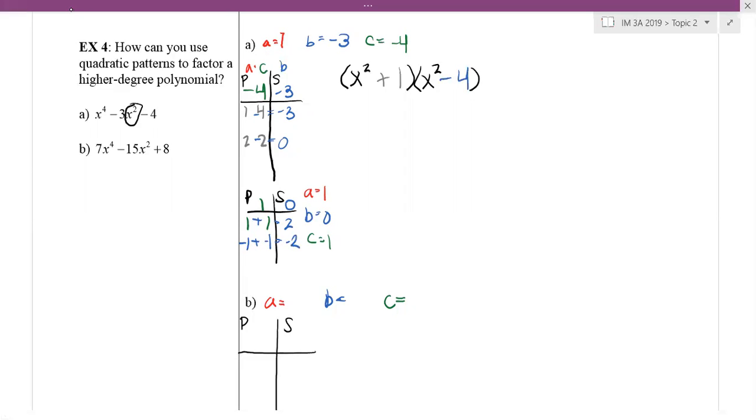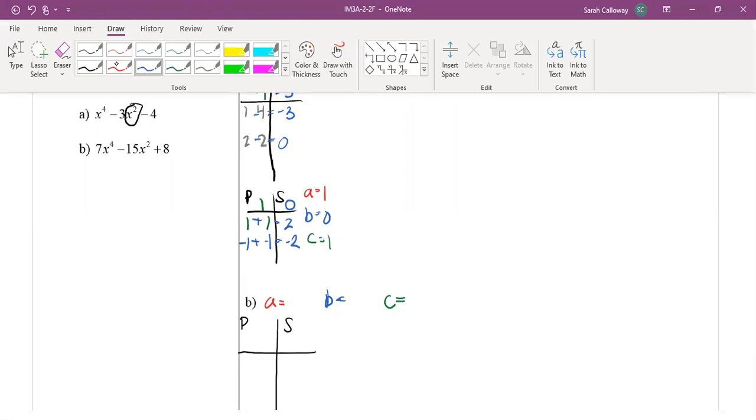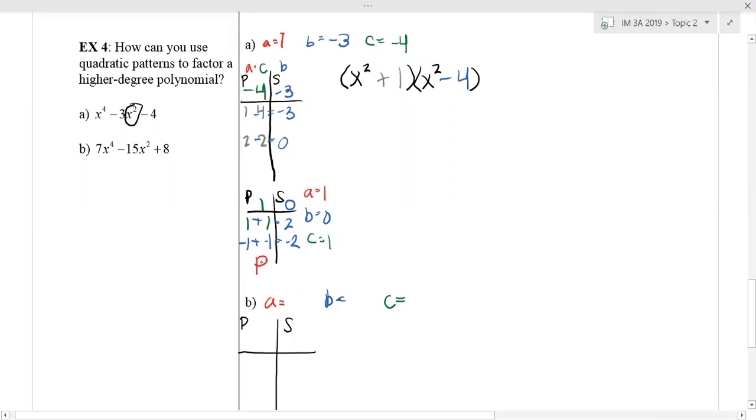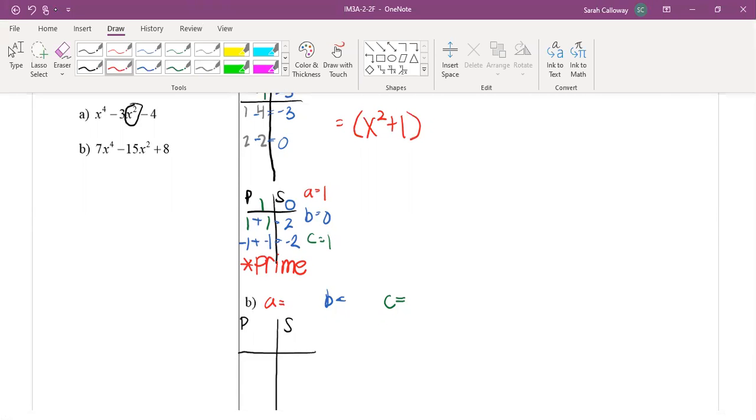And so what that tells us is that x squared plus 1 is actually prime. So we cannot factor x squared plus 1. And so we know that in our answer, we're just going to have an x squared plus 1. However, the second factor is factorable.